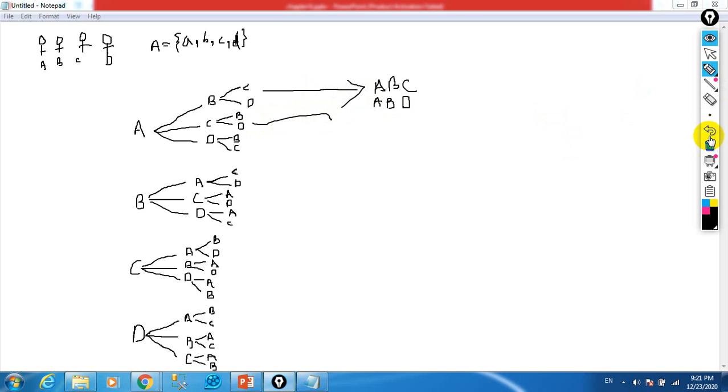So from this which combination will we have? So look at this, from the second one. What is the combination?